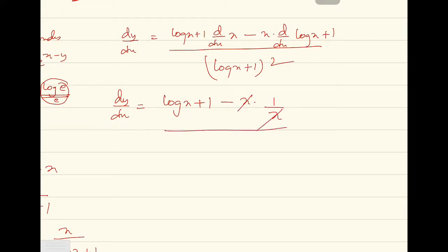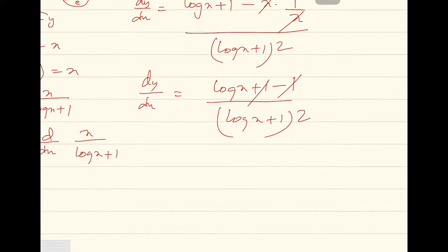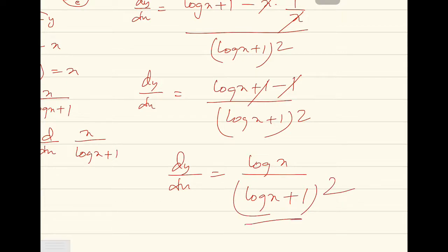That gives (log x plus 1) whole square in the denominator, and finally dy/dx equals (log x plus 1 minus 1) divided by (log x plus 1) whole square. So 1 and 1 get cancelled. So what's the answer? dy/dx equals log x divided by (log x plus 1) whole square. As simple as it can be.